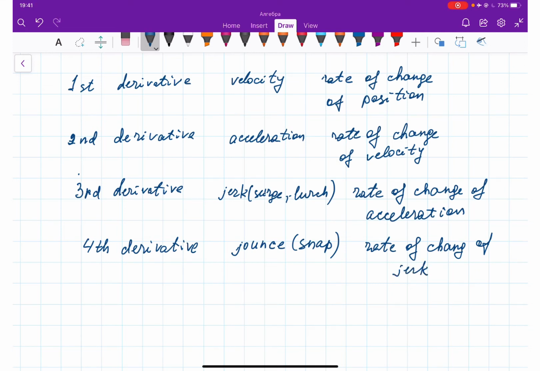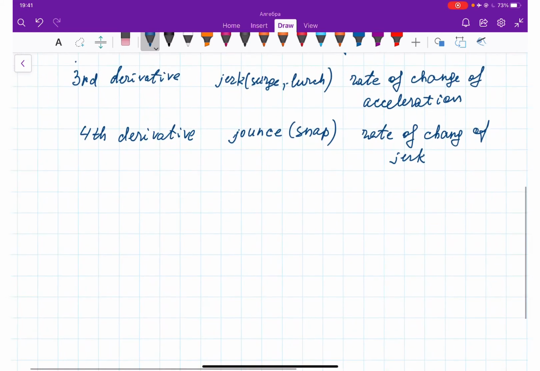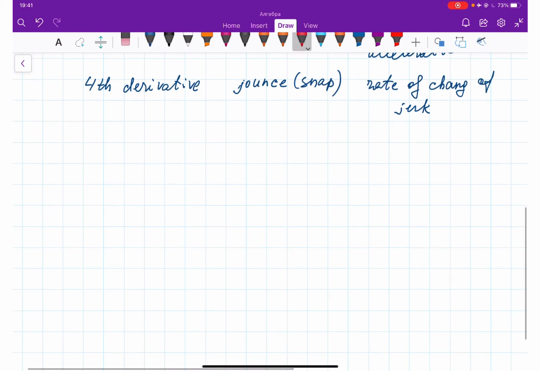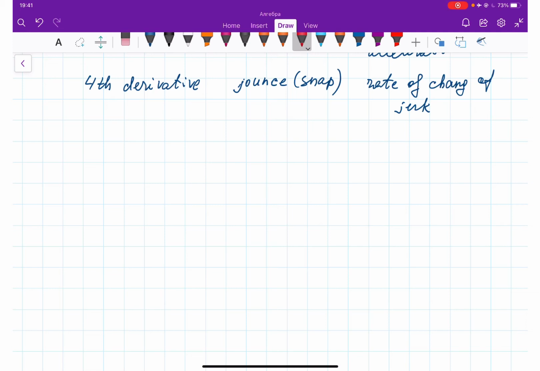All right. Now, since we understand what is what, let's figure out how we are going to take a derivative. So first of all, let's get familiar with the notation of derivative. Notations of derivative are as follows.